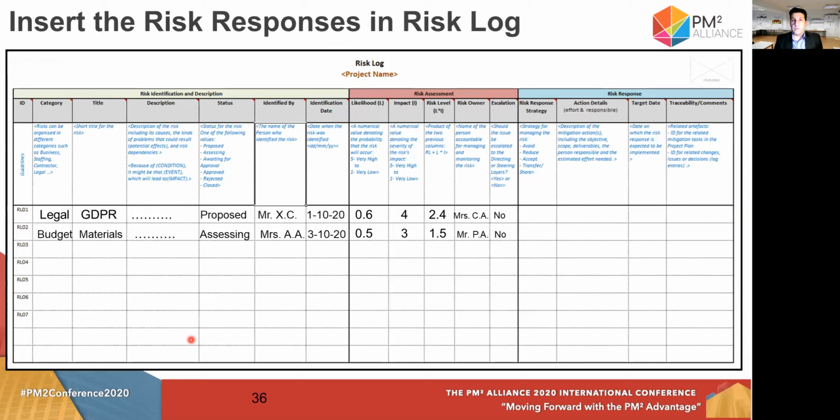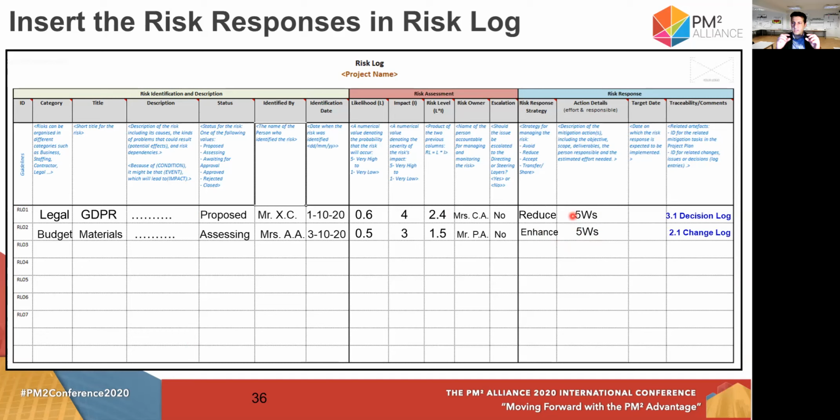So the risk log is now updated in its last part with the risk response strategy as a name, but you also have to put, and this is a common mistake, people do not put the description of that response, a detailed description. I like to put the description here by using the 5 Ws method.